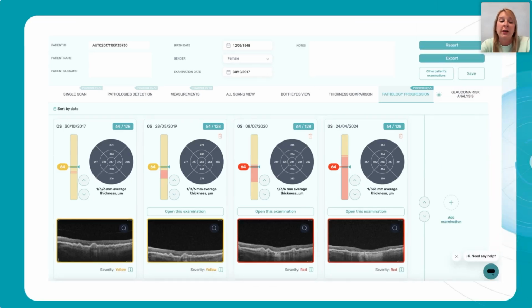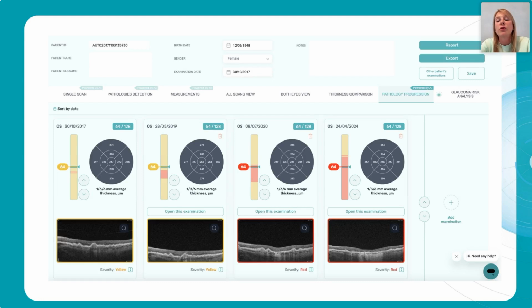So before AI, what were we looking at? Basically, we were following the ETDRS retinal thickness in this patient, and we could see that the thickness was more or less the same until her last visit in 2024, when the thickness in the center was a little bit lower than in previous exams.